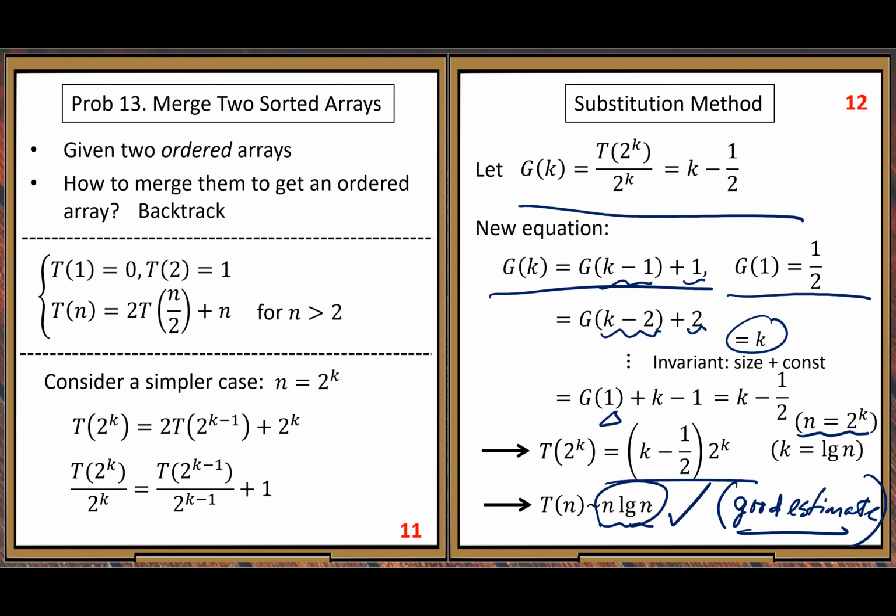That means we only know this relationship works for n equal to a power of 2. Now the question is, if n is not a power of 2, does it work? Do we still have this n log n relationship?